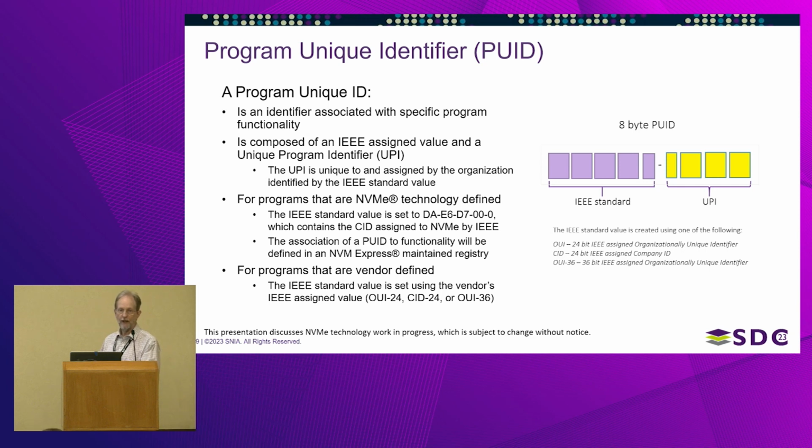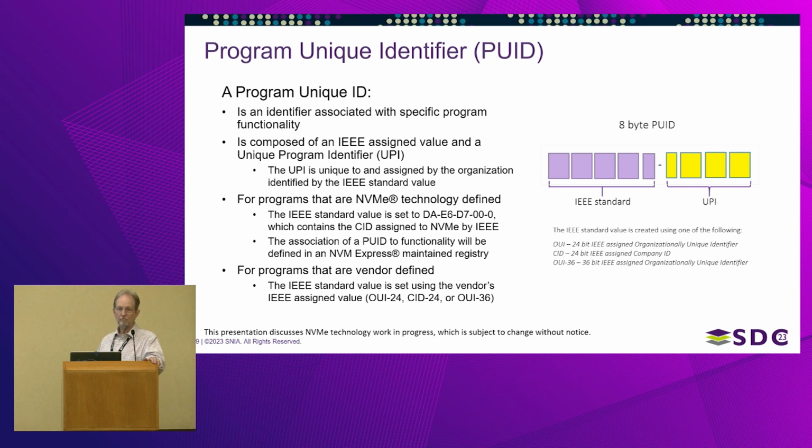One of the questions that has come up is, will there be a one-for-one mapping of these program unique identifiers to the identifiers defined in SNIA for the API? The direction we have been given by a number of people involved in Linux kernel development and other software development efforts is that no, we don't want to tie these one-to-one, since no other specific protocol identifiers are really tied to an API or an OS or anything else at the upper level.